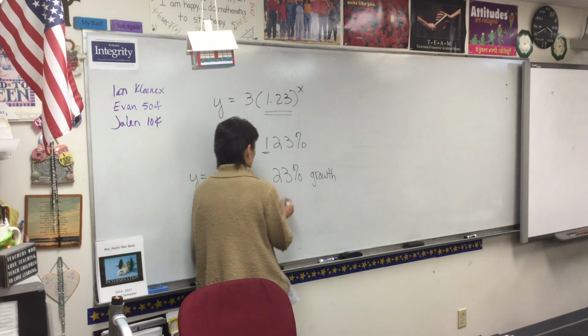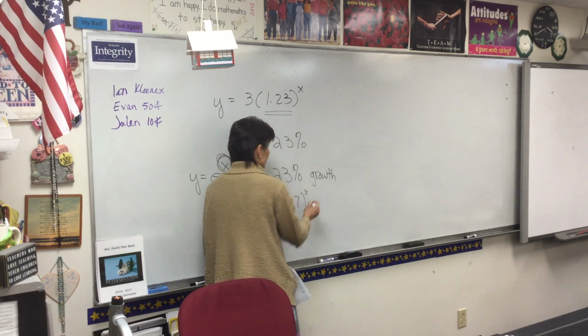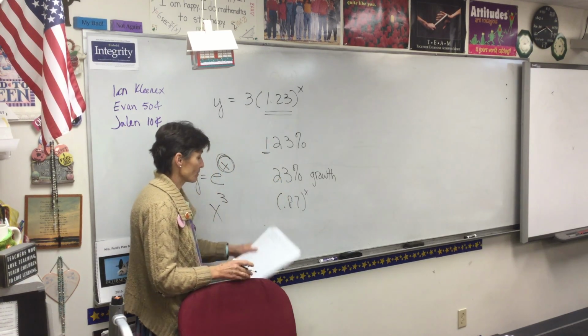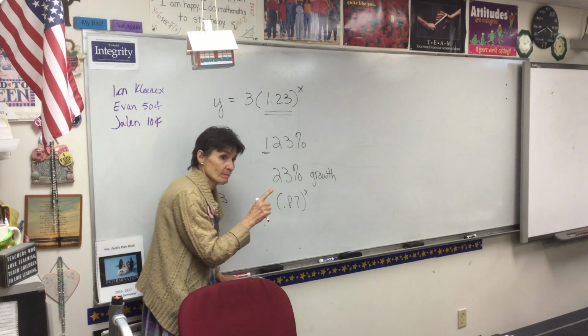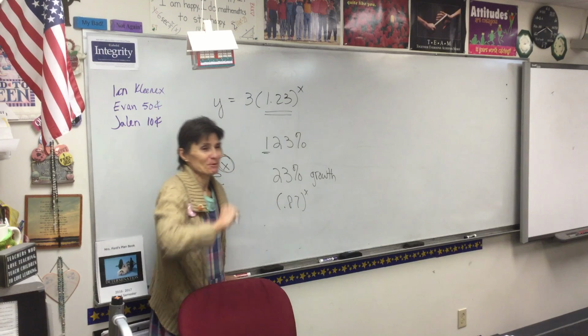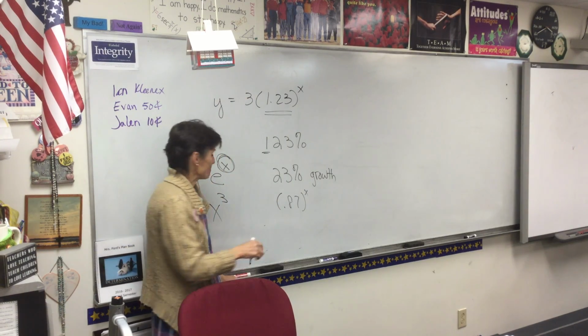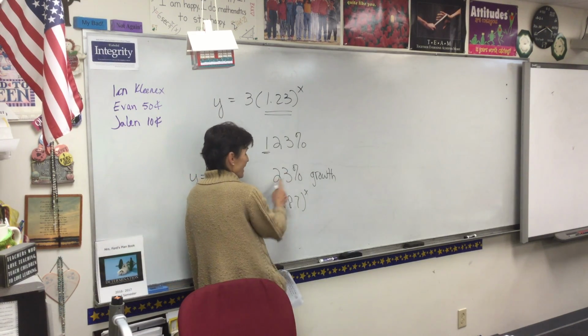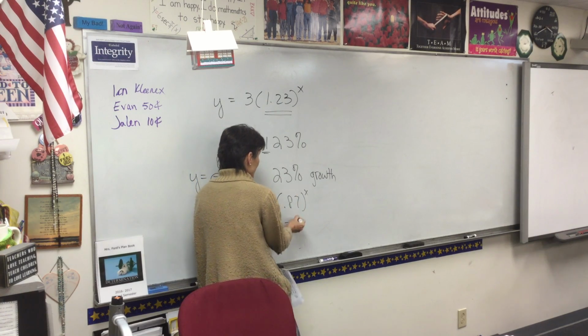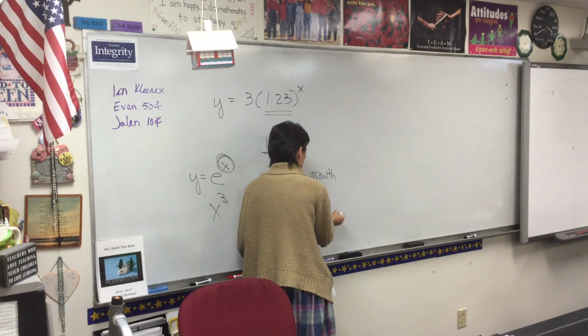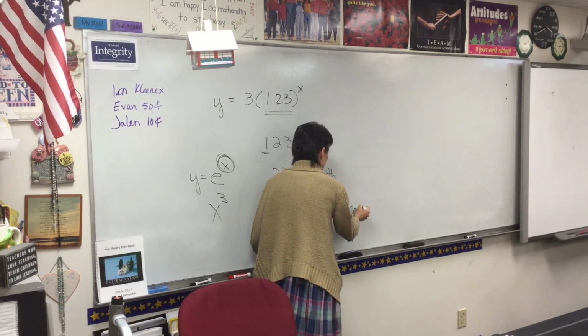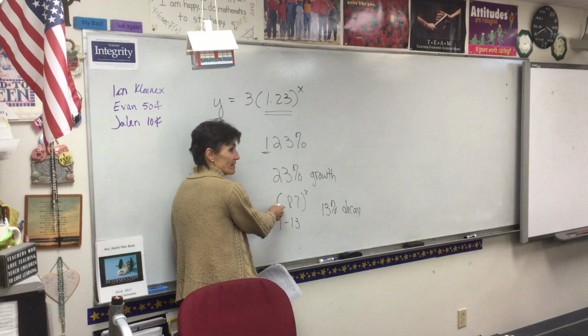If I were multiplying by 0.87, that would be a decay problem. And it's 13% decay. Very good. Because this is not 1 plus 23, it's 1 minus 13%. So this would be a 13% decay problem, if you had that.